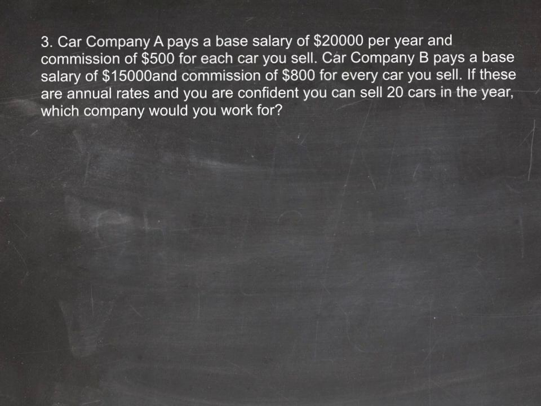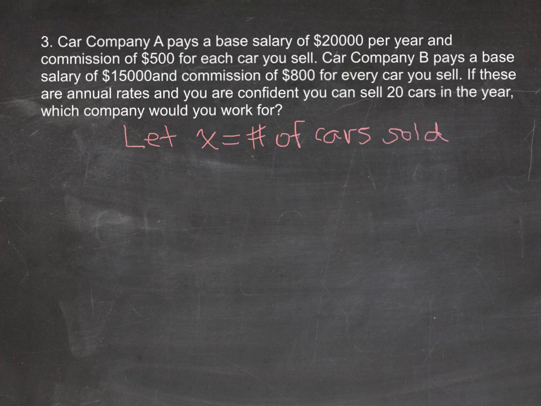So again, let's write out linear equations and then we'll solve the question that they're asking. Here I'm going to define my variables. So let x equal what's changing, so the number of cars that are sold, on an annual basis, and then let y equal my total pay, or total salary.